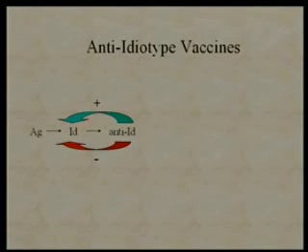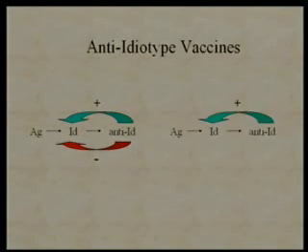If it were possible to selectively pull out the anti-idiotypes that positively regulated the idiotype, and that is obviously the big trick in this, then to produce this antibody, you wouldn't need antigen anymore. That's all you'd need is the anti-idiotype. You can inject the anti-idiotype, and you would get the production of the antibody.